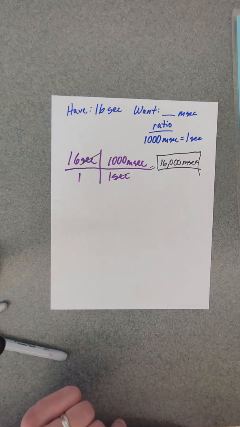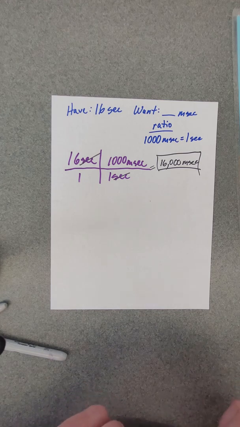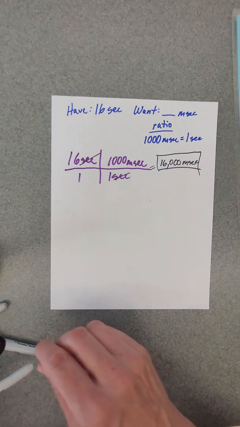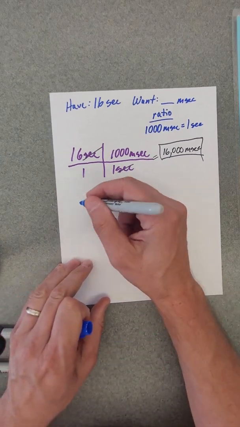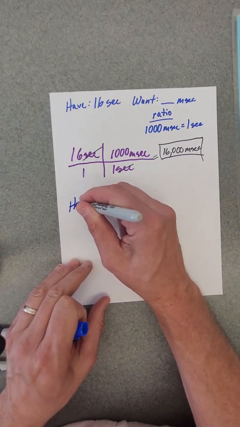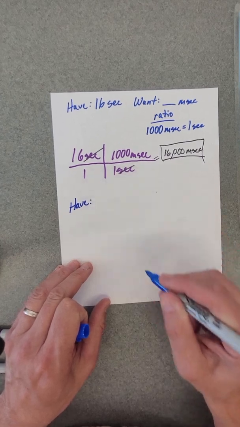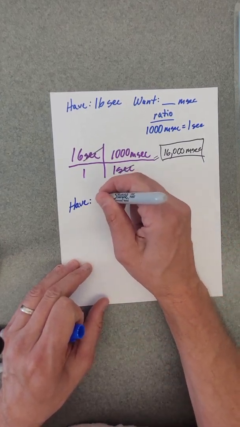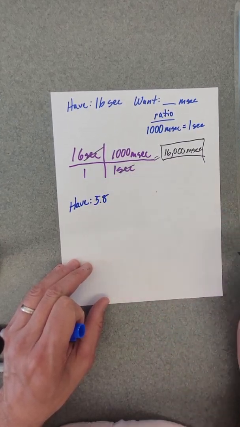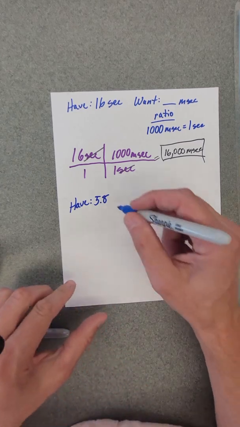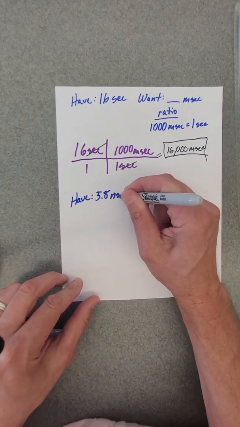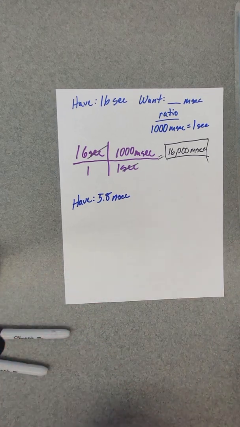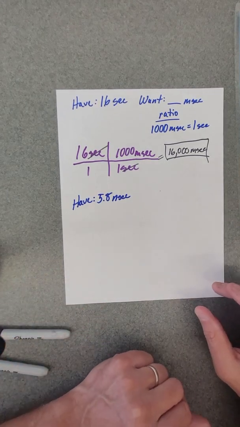So what happens if I want to convert, I don't know, let's take nanoseconds, and let's say I got 5.8 nanoseconds. The abbreviation for nano is N, and I'm going to write SEC. Sometimes you could just write the S for seconds, but I'm going to write SEC.